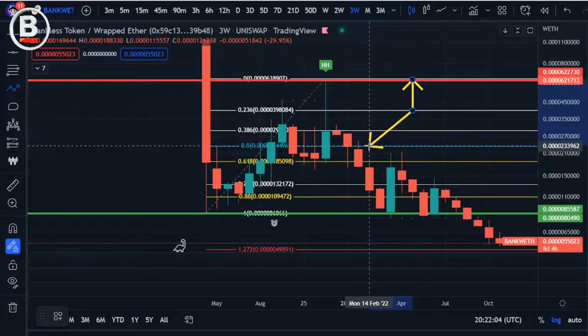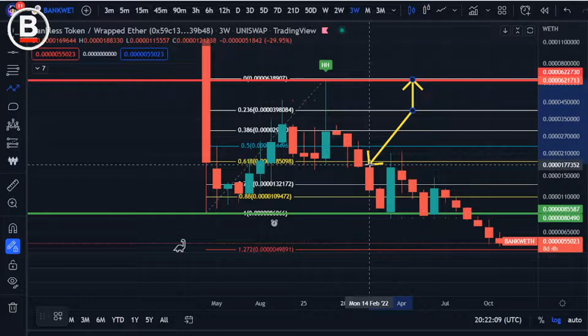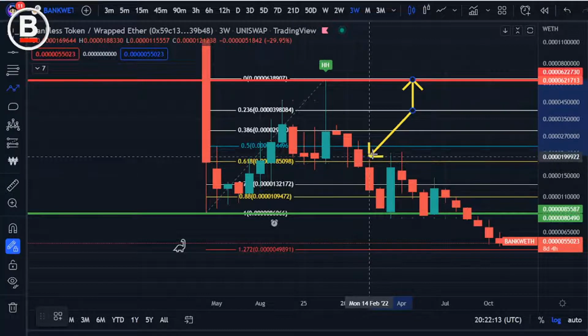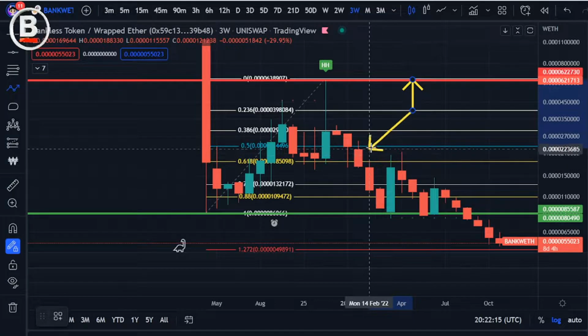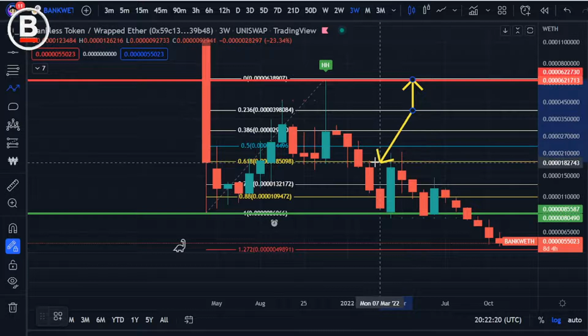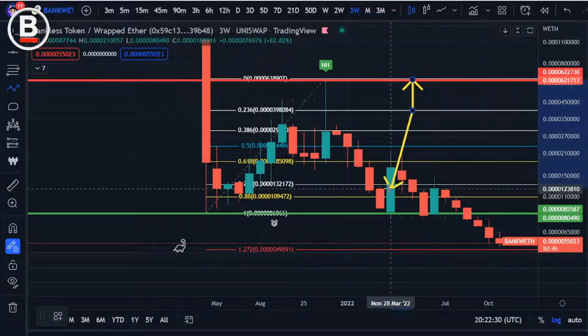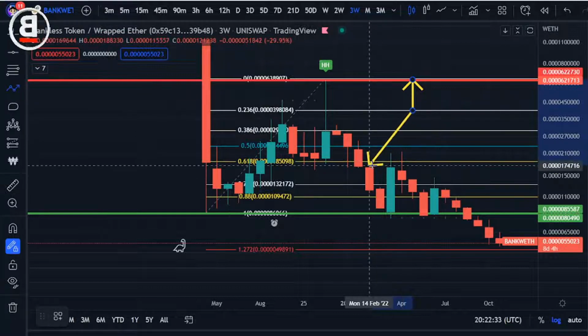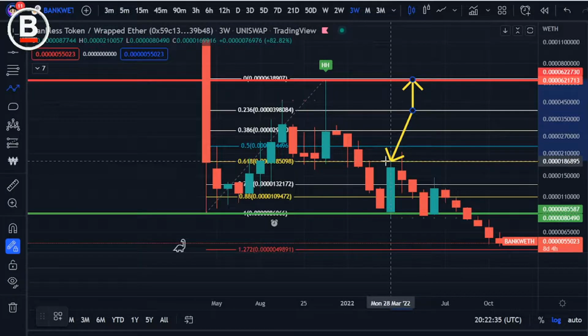We have two very common numbers, the 50% and the 0.618 or 61% range. Generally, this is considered one of the best deals, sales. People tend to buy things when they're 50 to over 50% on sale. And in altcoins in particular, we call this the golden pocket for that reason.